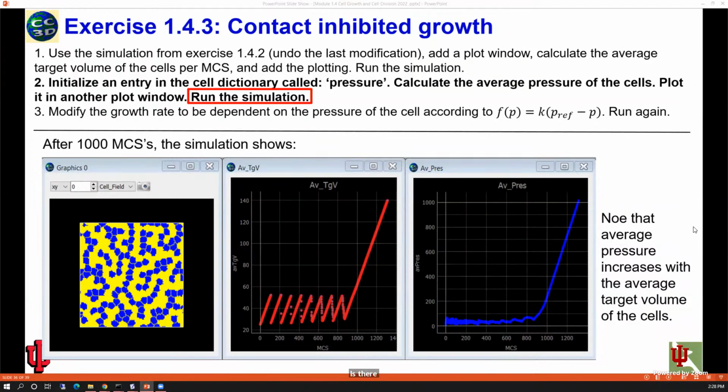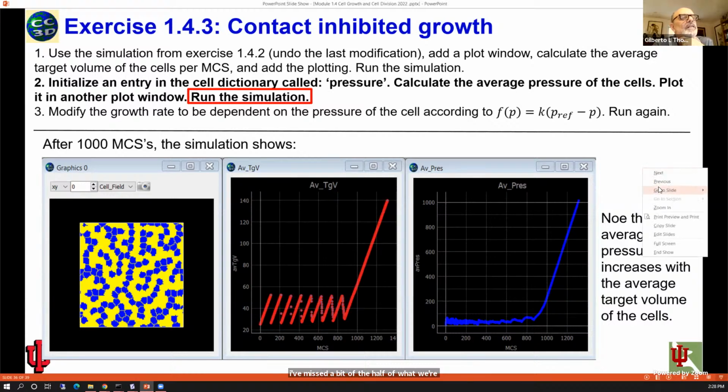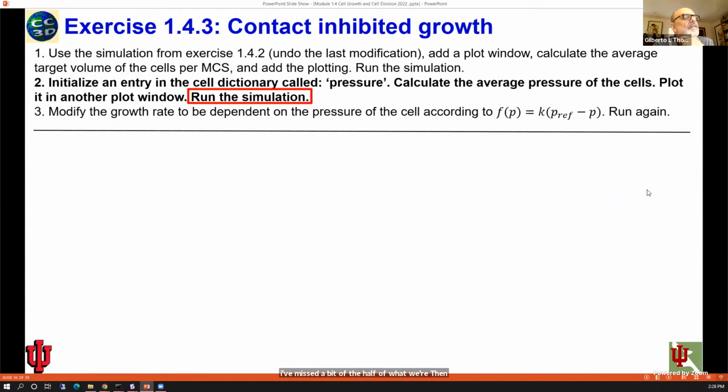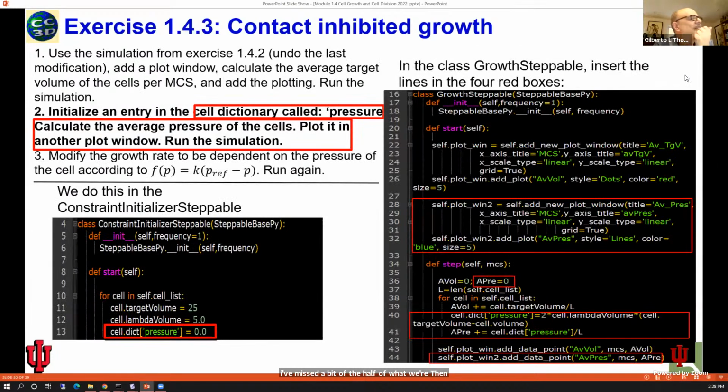Is there any chance you can go back to the previous slide? I've missed a bit. I've got half of it working. Sure. This one? Yeah, that's what I want to do.